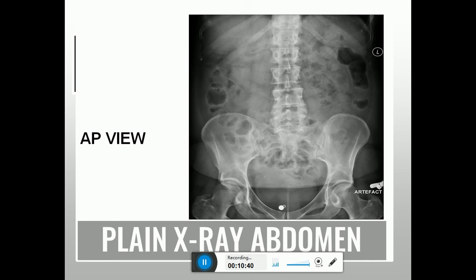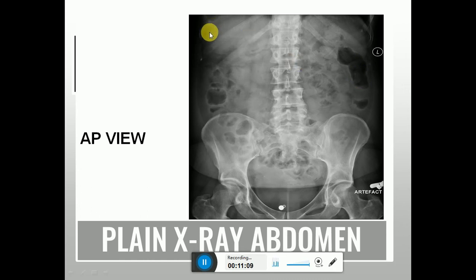In this X-ray, we are not able to see free air because the free air is mostly seen just below the diaphragm on the right side. Okay. Bowel gas pattern. In the periphery, you have large intestine. This dark color is showing air. So that is the bowel gas pattern.